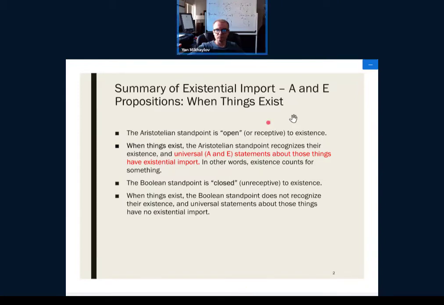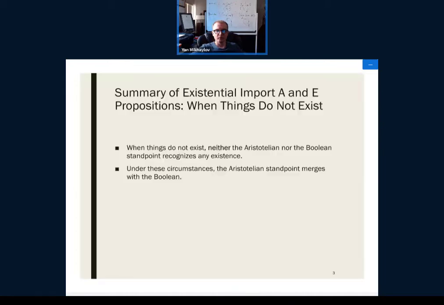So A and E, when things exist, Aristotle says we assume existence, and that means they are considered open for existence. Boole says, no, we never assume that, so they are closed for existence. So this is for A and E.